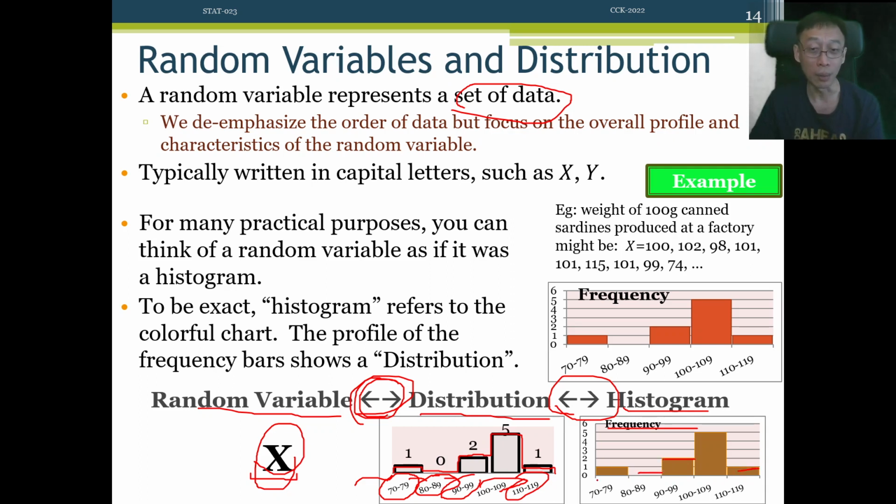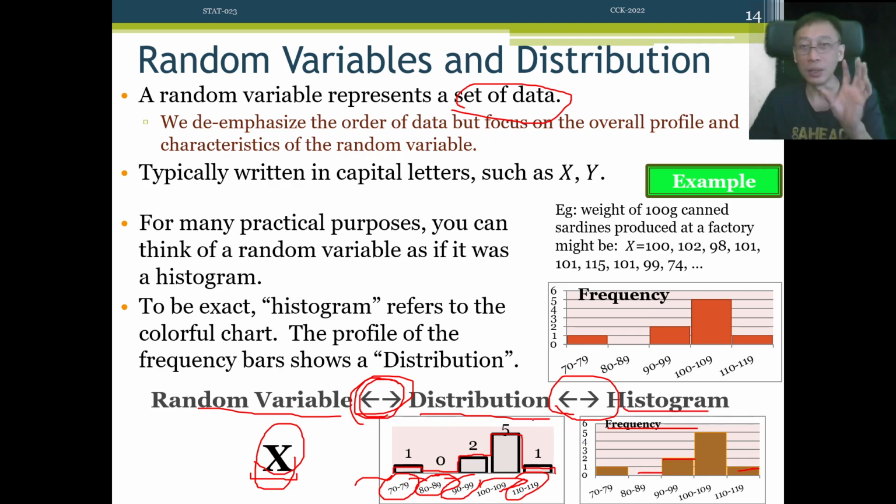So that's our usual understanding of a histogram. And for a distribution, typically we don't describe it with the frequency. We divide by the total frequency to get real numbers. How many are there? 8, 9. So it's 1 over 9, 2 over 9, 5 over 9, 1 over 9, so that it adds up to 1.